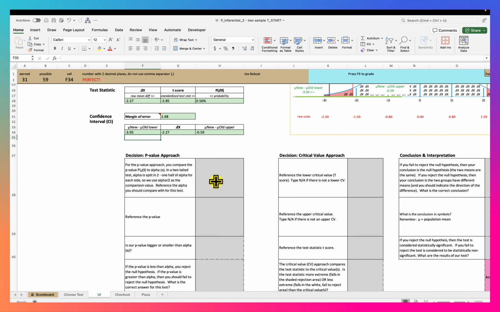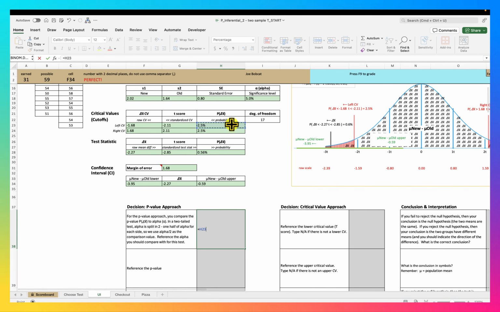For the p-value approach, you compare the p-value, or p of delta x bar, to alpha. In a two-tailed test, alpha is split in two, 1/2 of alpha for each side. So we use alpha divided by 2 as a comparison value. What reference value are we using for the test? There it is. Reference the p-value.